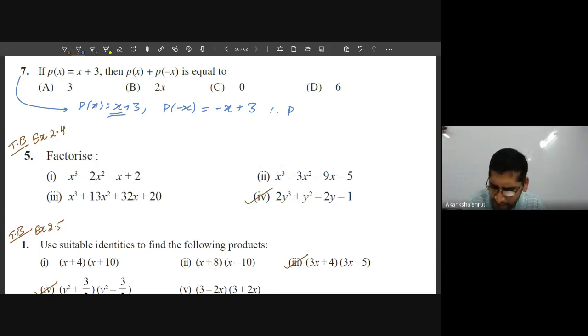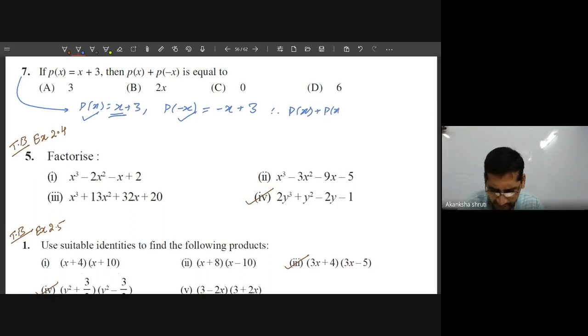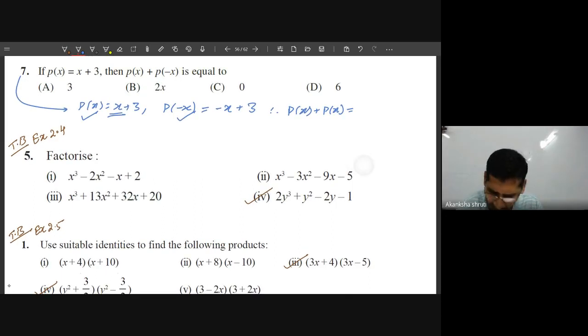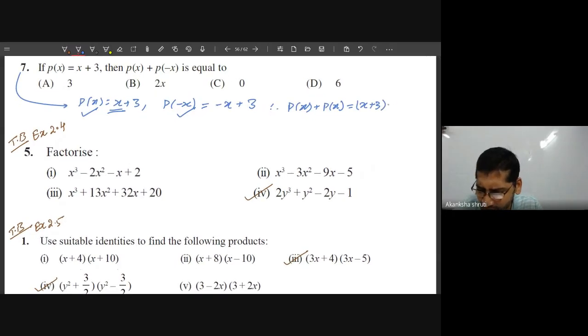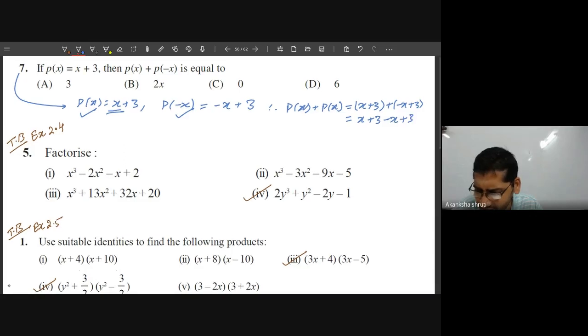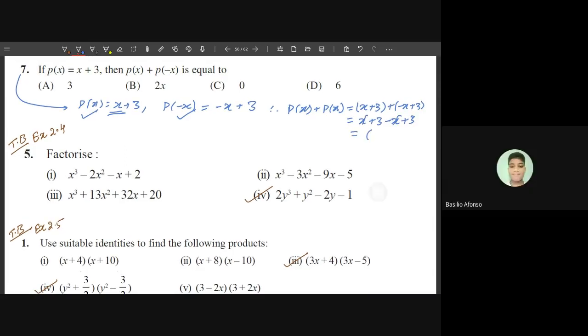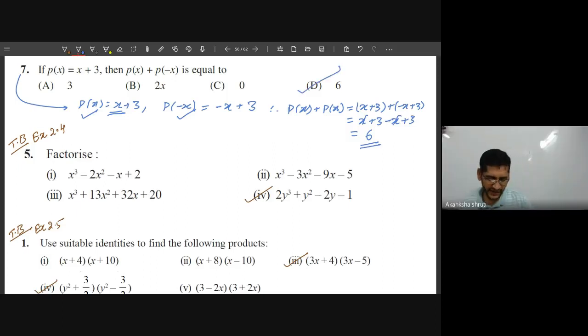Therefore, adding P of x and P of minus x, what does it become? x plus 3 plus minus x plus 3. Remove the bracket, x plus 3 minus x plus 3, so x and minus x will get cancelled. So answer is D. Such questions are very easy.